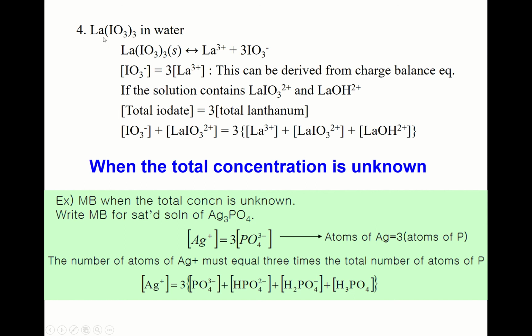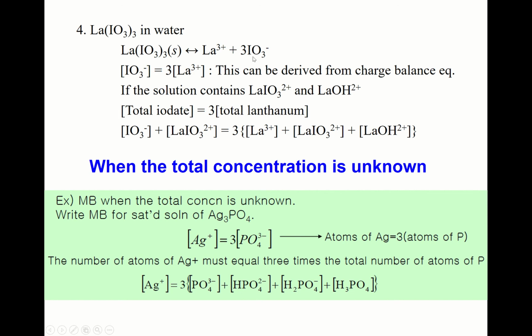What about the lanthanum iodate? This lanthanum iodate is a very insoluble species in water. Anyway, it dissociates into lanthanum trivalent ion and 3 iodate ions. From this equation we can get a mass balance equation: the iodate ion concentration is 3 times larger than the lanthanum ion concentration.